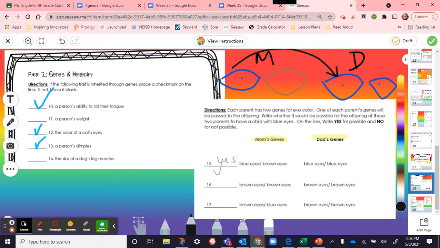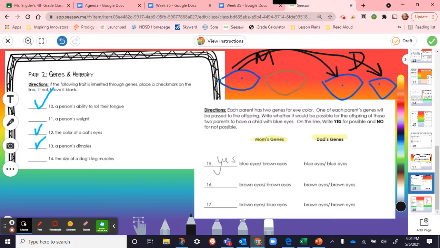And so if they're passing on blue and blue, then yes, that child is going to have blue eyes because there's no other dominant, it's just blue and blue. Mom can also pass on this 1 blue gene for blue eyes and can go to dad's other, and that would be blue and blue again. So yes, again, that child could have blue eyes.